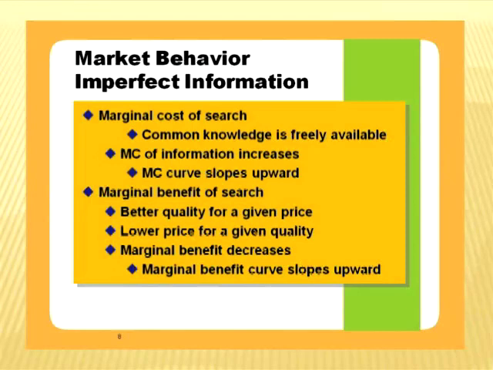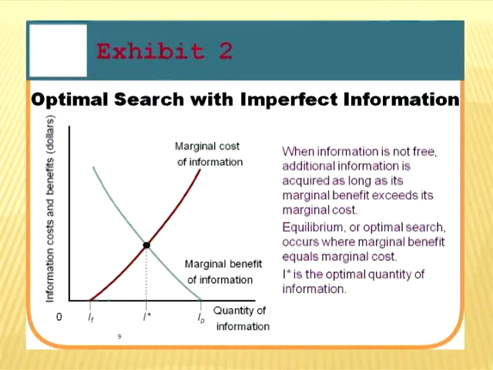Unfortunately, however, the marginal benefit decreases, and so we end up with what is the classic model for a market. That is, the marginal cost of information continues to increase, and the marginal benefit continues to decrease, and so ultimately we find ourselves in a position where we have the optimum level of information.